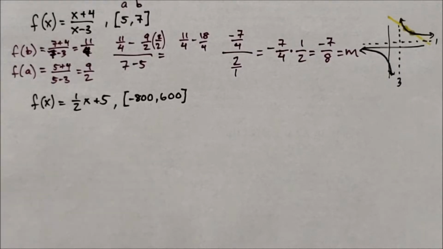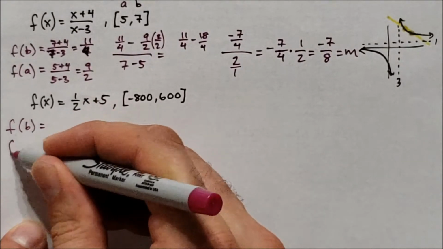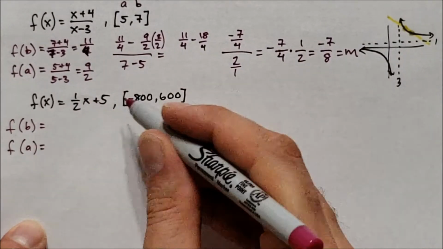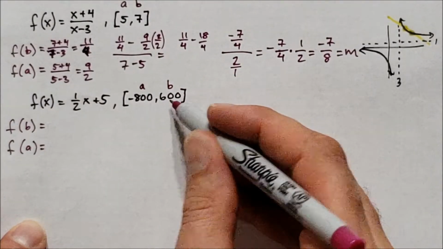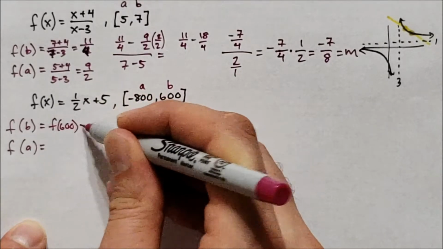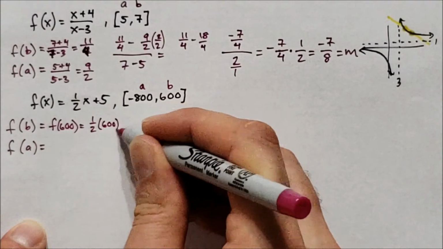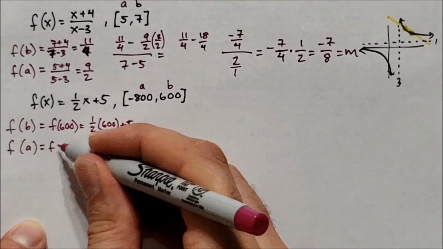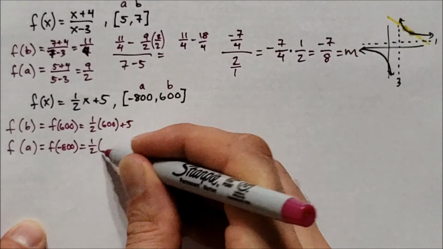f of x equals 1/2 x plus 5 on a massive closed interval, negative 800 to positive 600. So f of b minus f of a. This is our a, this is our b, being the larger number. f of 600 is 1/2 times 600 plus 5. f of negative 800 is 1/2 of negative 800 plus 5.